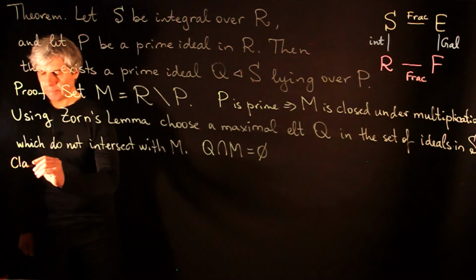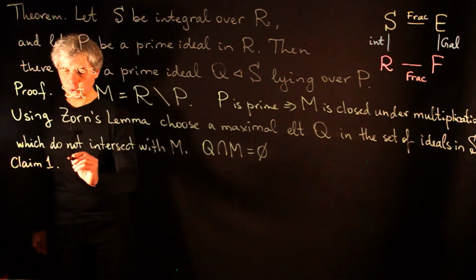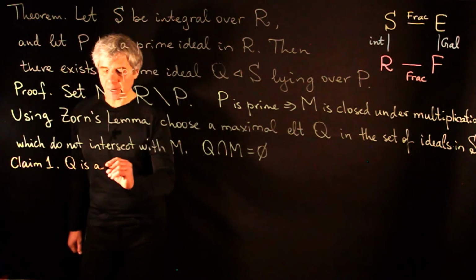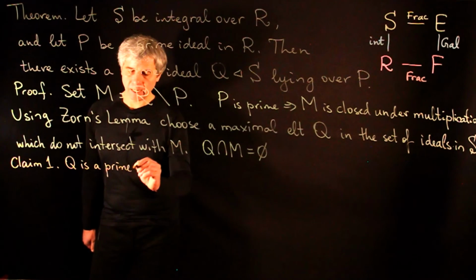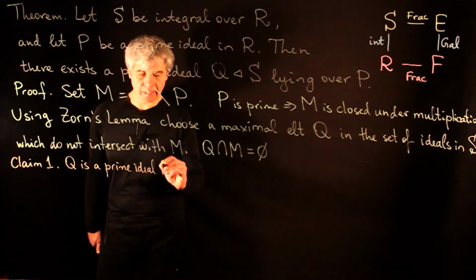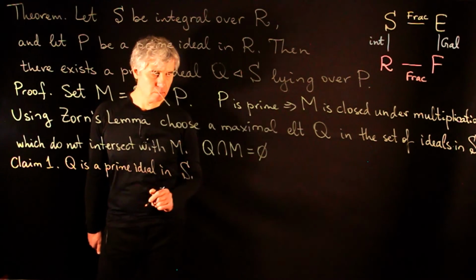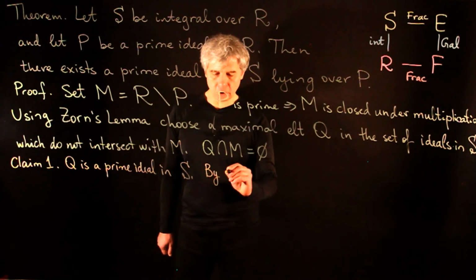Our first claim is that Q is a prime ideal in S. And we prove this by contradiction.